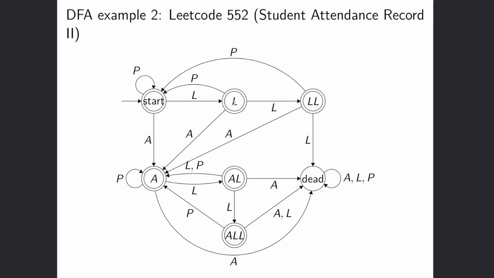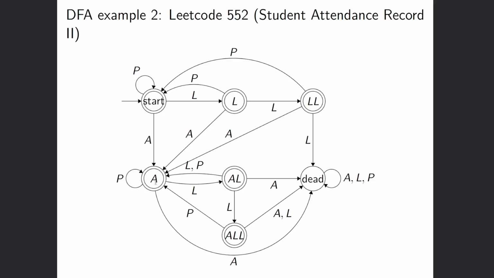If we see an L, it's the same as our AAA kind of thing: we've seen 1 L in a row. If we see another L, that's 2 L's in a row. If we see a third L, we're in the dead state, as I'll call it. And from each of these L states, if we ever see a P, we go back to the start. We start counting from 0.